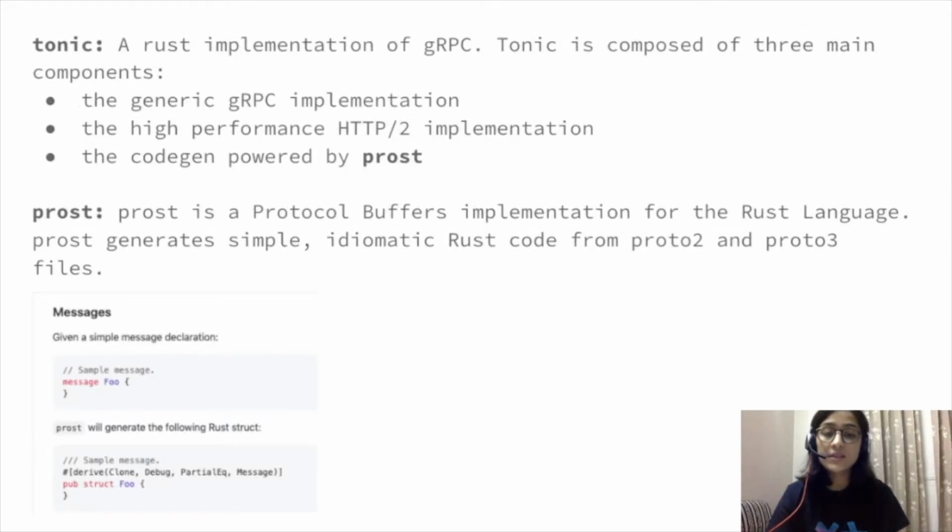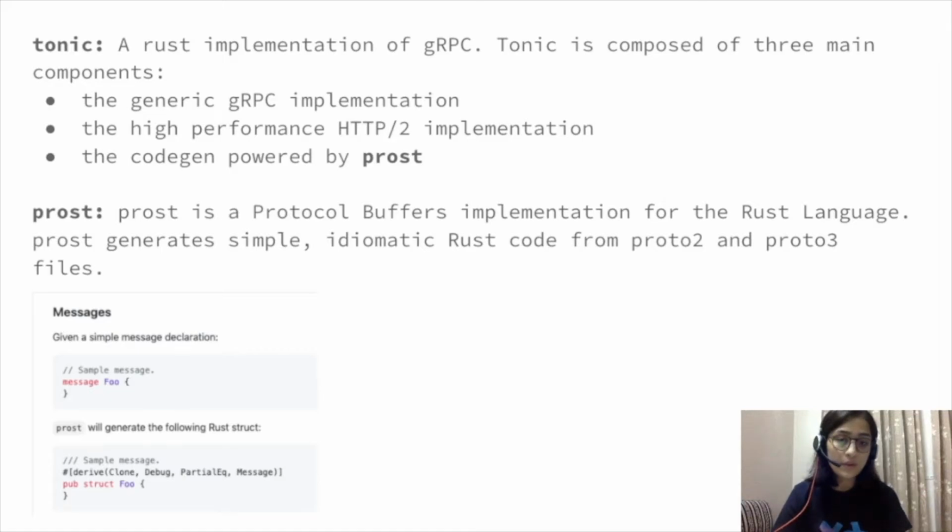Coming to Tonic, Tonic is a Rust implementation of gRPC, which is nothing but an open source general RPC framework. Tonic is composed of three main components, one of which is the generic gRPC implementation. Then we have the HTTP2 implementation, and then code generation that is powered by Prost. The code generation contains the tools that will allow you to build clients and servers from protobuf definitions.